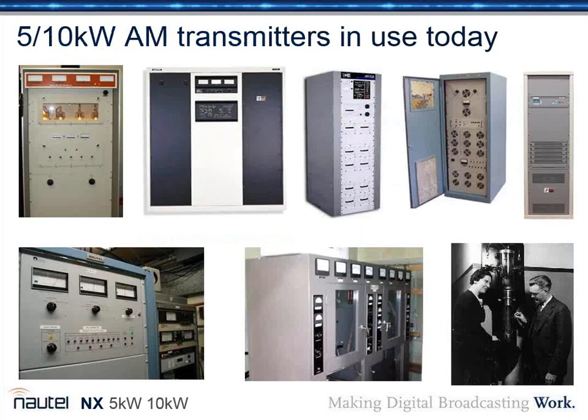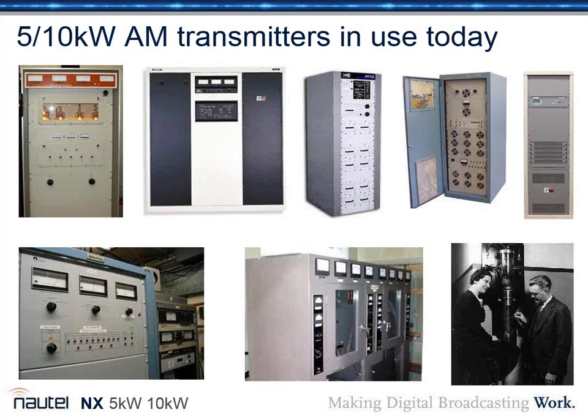So this is kind of just my experience of what's in the market today. There seems to be a very broad assortment of AM transmitters, from classic designs, nothing more romantic than a glowing tube, I suppose, to some relatively recent designs. But even the recent designs aren't all that recent.